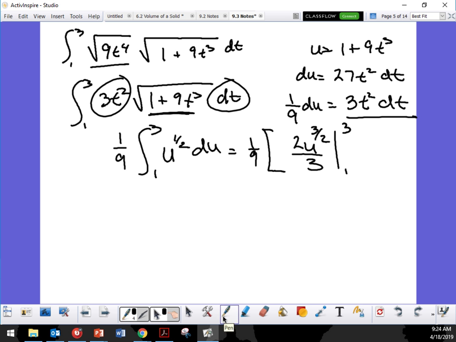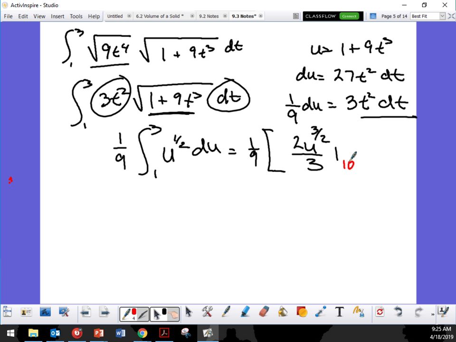Do I want to do all that? No, I don't. I don't want to put it back in. That's ugly. Just change the bounds? I know. Let's change our bounds. If the bounds are supposed to be 1 and 3, change the bounds. If I plug in 1 here, that's going to be 9 plus 1 is 10.